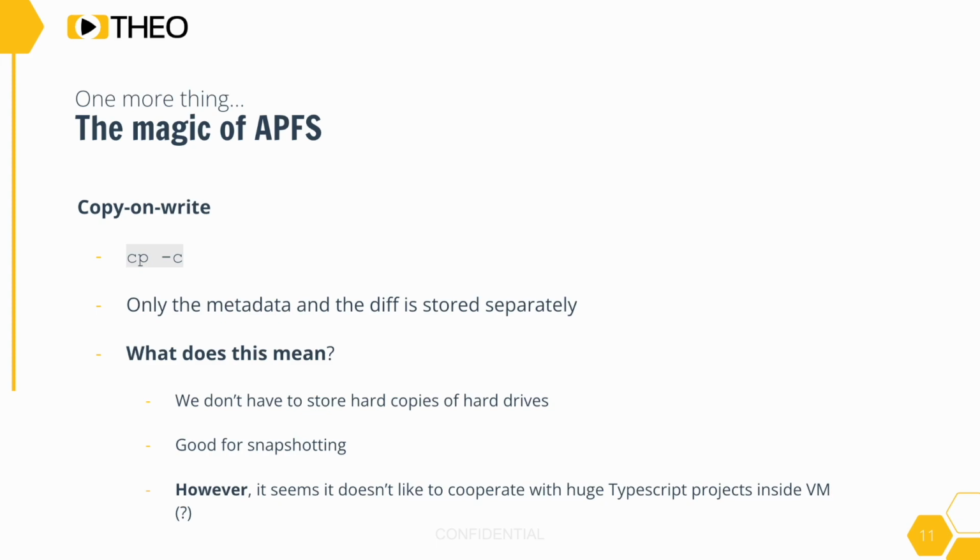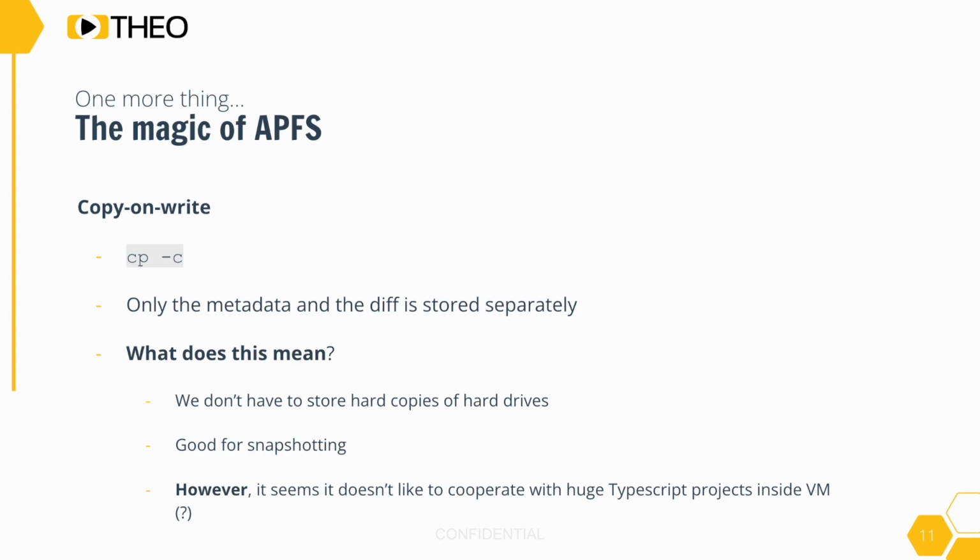And luckily, there is a feature in APFS. APFS is the Apple file system, the latest one that they use, and that has a copy on write mechanism. So when you copy a file, it basically makes a clone of it, where the original file stays in place, and the new one that you copied just contains the diff between the old one and the new one, and some metadata to know where to go.